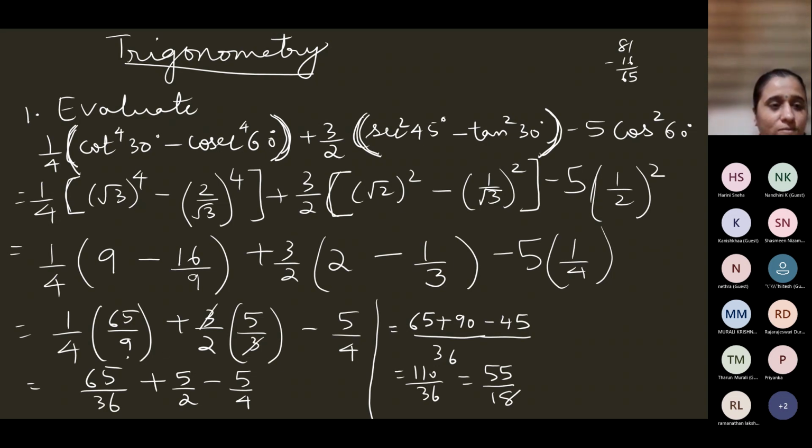So you can see here, 1 by 4 into this value after simplifying this bracket. Please ask me, children, where you don't understand.